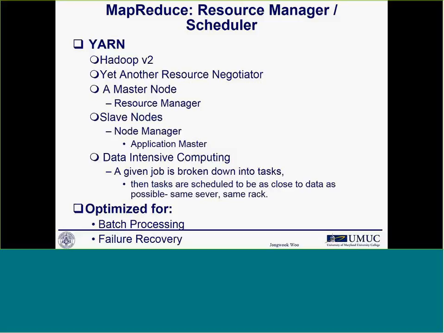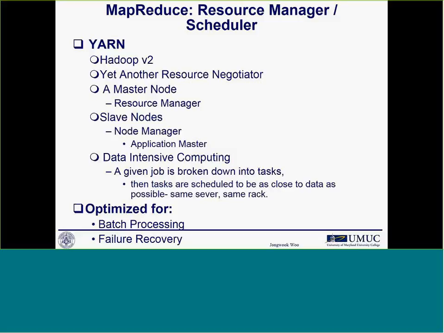So a job can be broken down into tasks, and tasks should be scheduled as close to the data as possible. So if the data exists in server 1, the MapReduce task should be executed in server 1 as well to process it. Again, MapReduce is also optimized for batch processing and failure recovery.